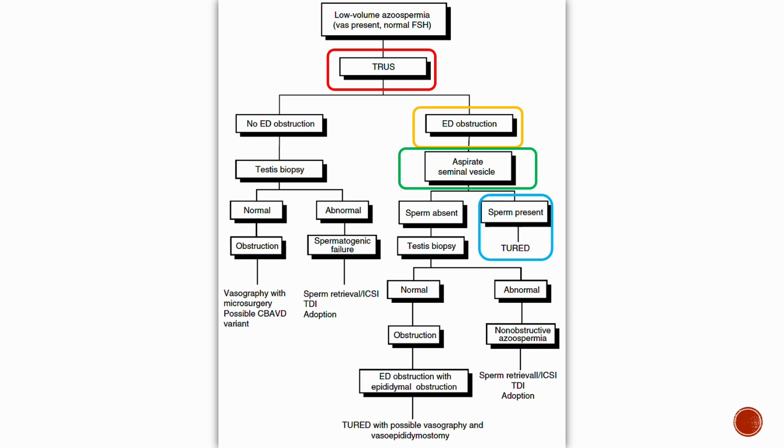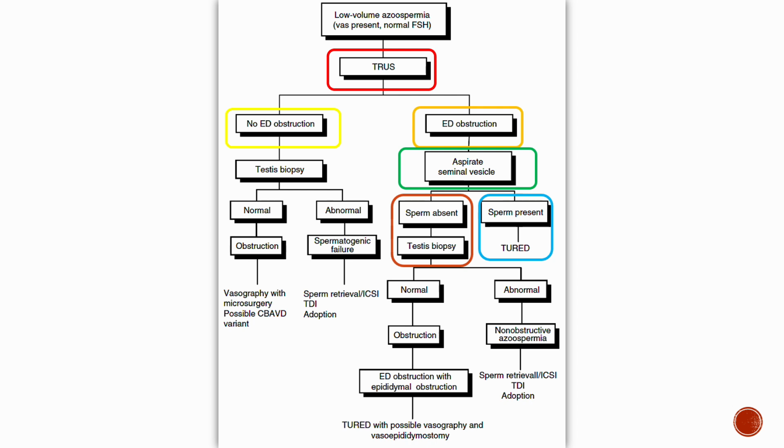If the sperms are present, it means ejaculatory duct obstruction is leading to piling up of sperms in the seminal vesicle, and simple transurethral resection of the ejaculatory duct, that is TURED, might be therapeutic for the patient. But in case the seminal vesicle aspirate also does not show sperms, it means the problem lies in the testis only, and we will work up for testicular biopsy as we discussed in the previous slide.